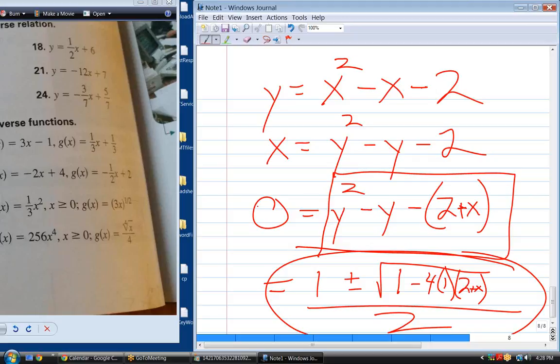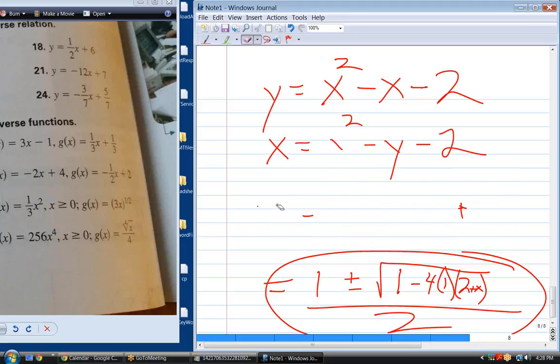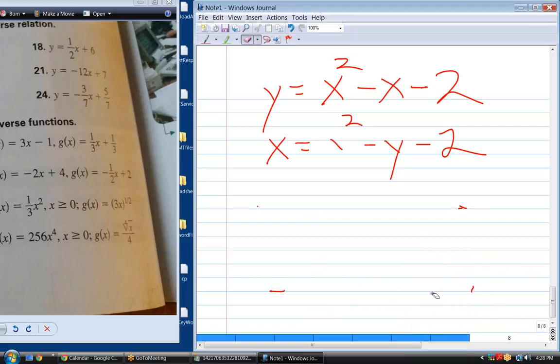All right. So if you get quadratics as a test question, bonus question, or something like that, just treat x as if it was a number. By that I mean, if x was a number, let's say it was the number 4. Now I can solve this pretty easily, right? Subtract 4 from both sides, I get y squared minus y minus 6 equals 0.